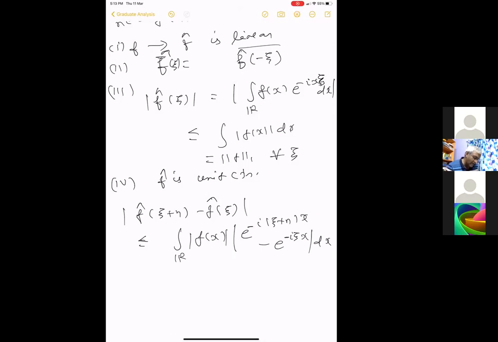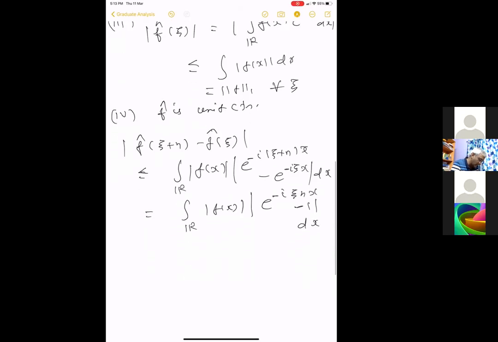Now we can take e to the power of minus i xi x out of this modulus, the second factor of the integrand, which has modulus 1. So this is equal to the integral over R of modulus f of x times modulus of e to the power of minus i eta x minus 1 dx. Now as you can see, we have taken e to the power of minus i xi x out, so this is just eta. There is no xi on the right hand side.